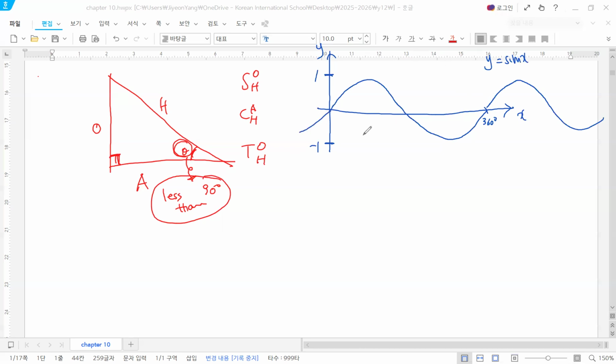And you define cosine graph. I am going to draw a cosine graph on the same coordinate grid. Cosine graph is in this way, and also tangent graph.